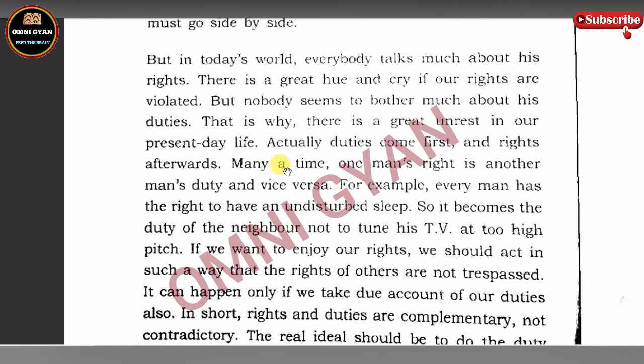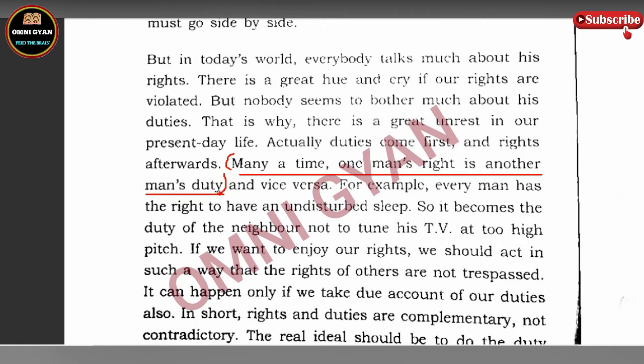You can see here, actually duties come first and rights afterwards. And many a time one man's right is another man's duty. See, the answer is given indirectly here. One man's right is another man's duty. So our right is dependent on someone else's duty.